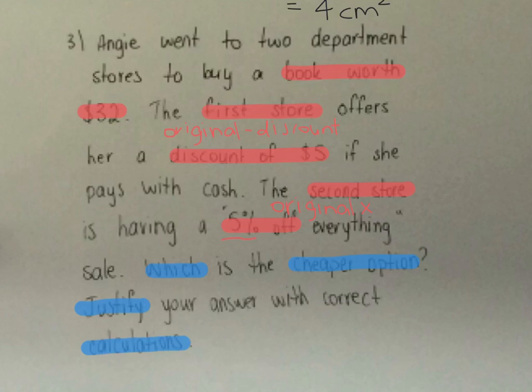So if we were taking 5% off, we would have 95% of the original cost of the item. The question is asking us to compare these 2 calculations. So by working it out, we will be able to correctly justify which of those options is the cheaper one.